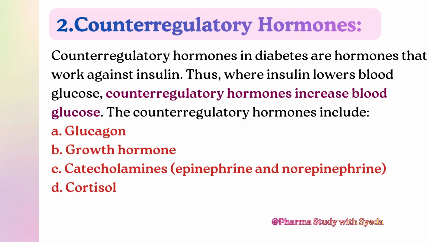Growth hormone reduces the effectiveness of insulin and decreases glucose uptake by tissues. Catecholamines, such as epinephrine and norepinephrine, are released during stress and increase blood glucose by stimulating glycogen breakdown. Cortisol promotes glucose production from non-carbohydrate sources and contributes to insulin resistance. In diabetes, excessive action of these counter-regulatory hormones, combined with inadequate insulin action, leads to persistent hyperglycemia.